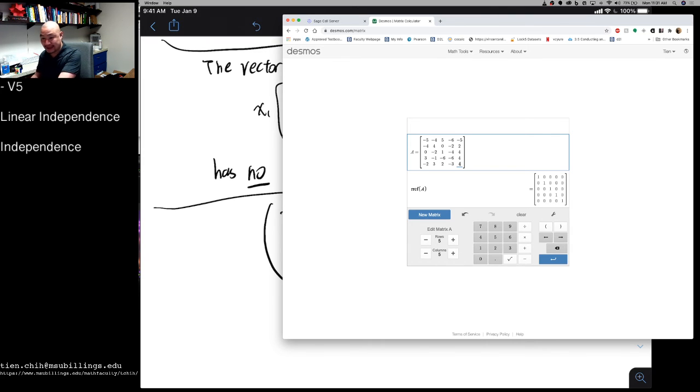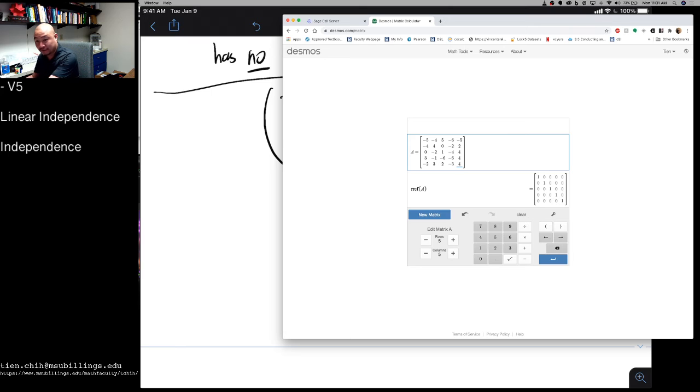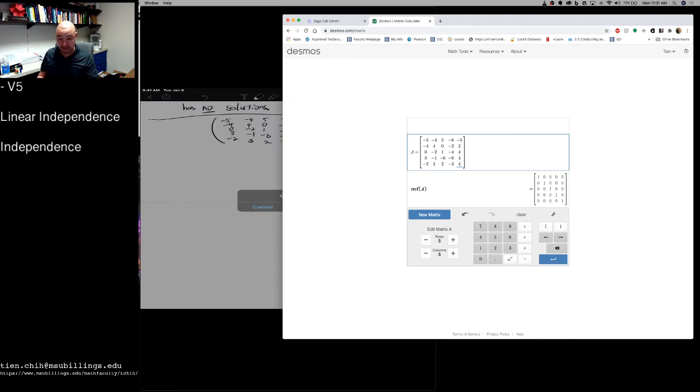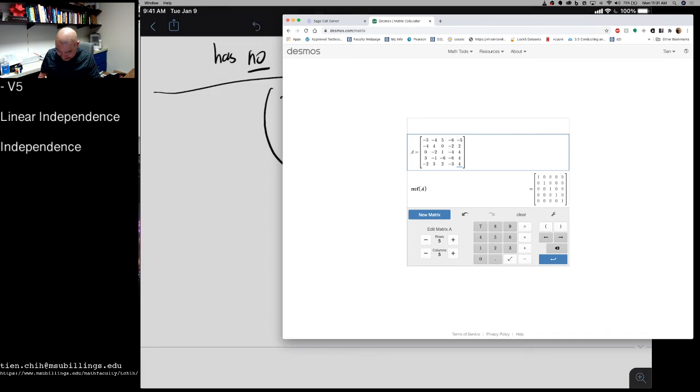What we have then as the reduced row echelon form matrix is just ones across the diagonal and 0 elsewhere.